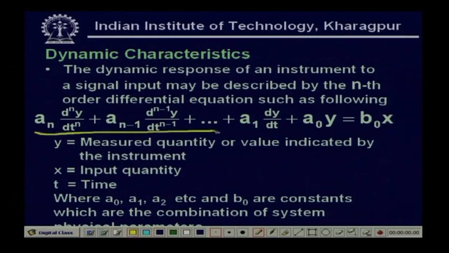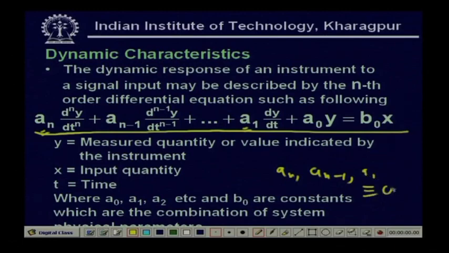In this nth order differential equation, if you put all of the coefficients from a n up to a 1 equal to 0, I will get the zero order instrument which looks like this, that I have shown just now. So only this part, if you take, is a zero order instrument, right.